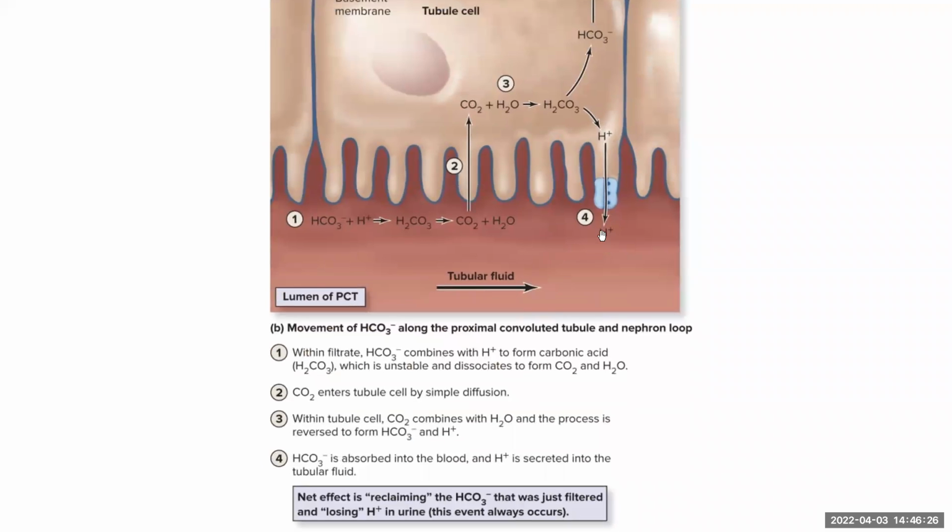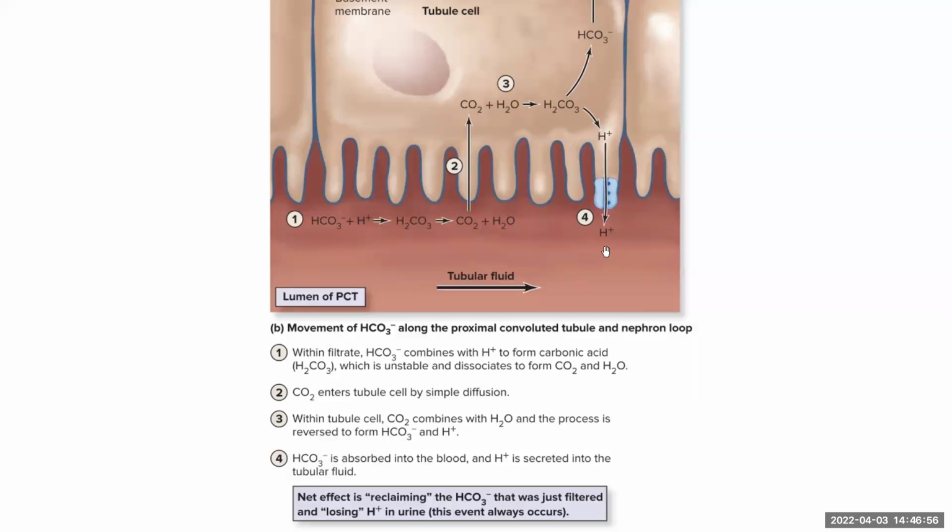So this hydrogen ion is then available for another bicarbonate ion. So what we'll see in the proximal convoluted tubule is a substantial amount, anywhere from 80 to 90% of the bicarbonate that was filtered, gets reclaimed, because we did make a new bicarbonate inside the cell, and that will get absorbed and dumped back into the blood.